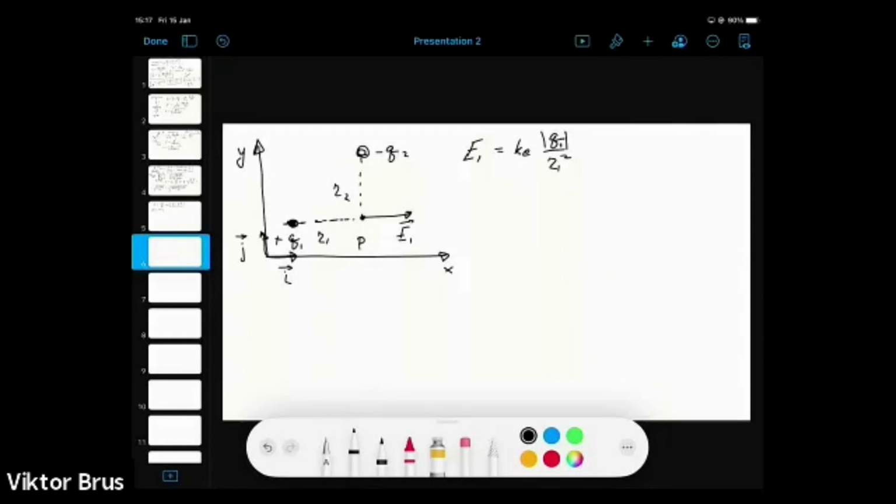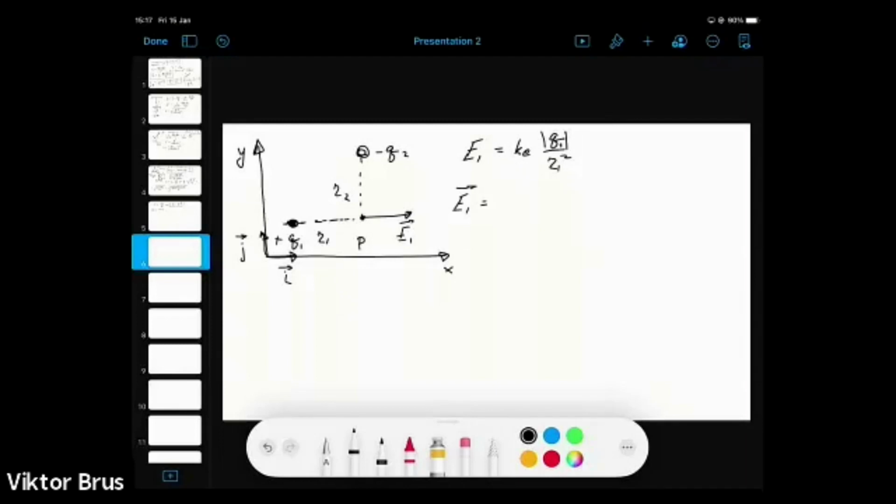So now let us define this mathematically. How can we do it? Let's write the E1 vector. We have two axes in this case, X and Y. What is the projection of vector E1 on axis X?